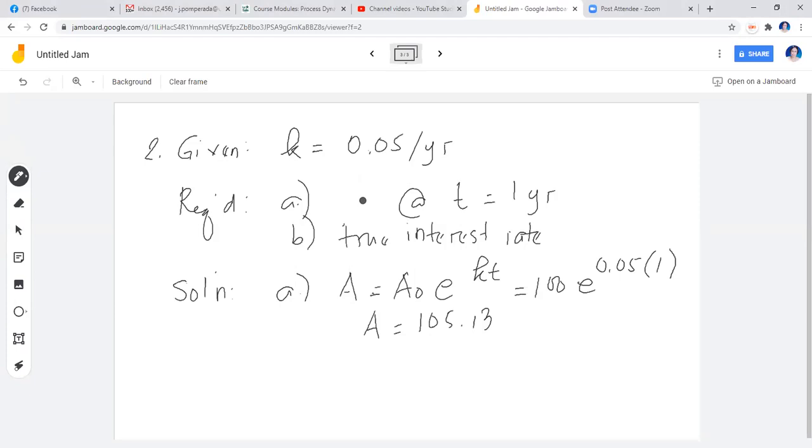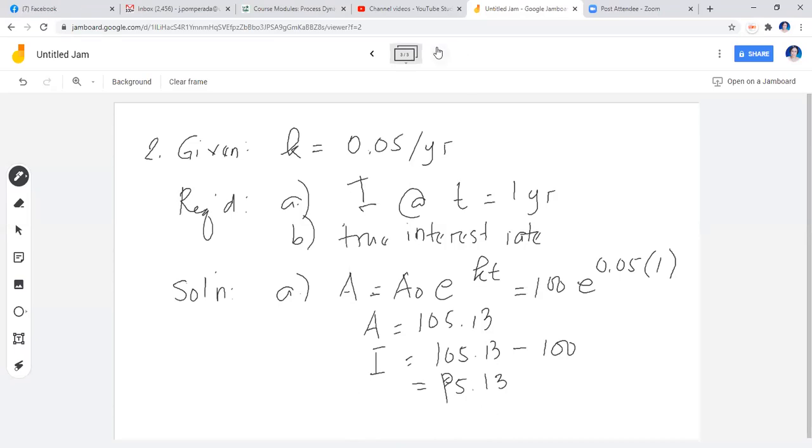Okay? So now I will find the interest. So interest will simply be the difference between your money now and what it was before. So the interest or the earned amount is 5 pesos and 13 centavos in a year.